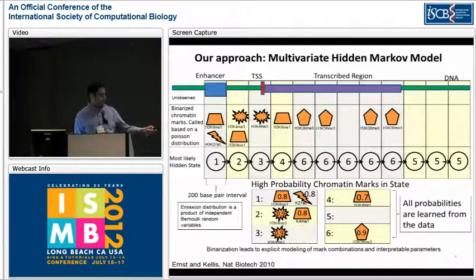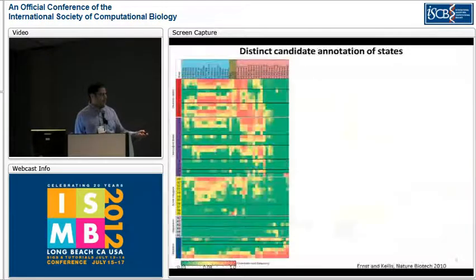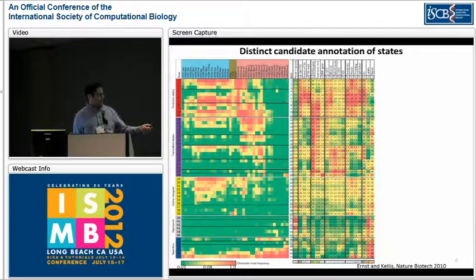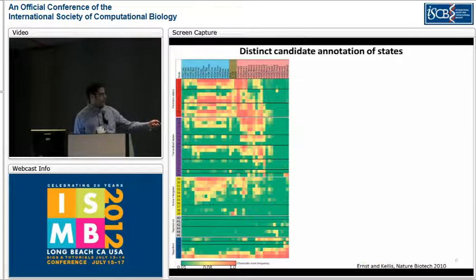So this was previous work to the paper I'm going to be talking about. And we applied this to data in T cells to about 40 histone modifications. What this figure is showing you is, over here, each row corresponds to a state of the model, each column one of the inputs, and the intensity, red means a higher likelihood of that modification being present when you're in that specific state.